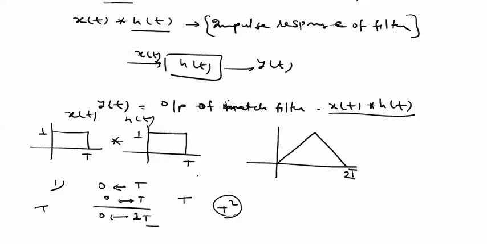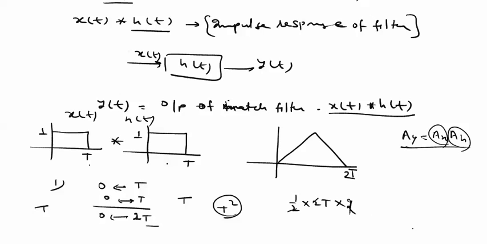In this pattern, as per the convolution property, y equals x convolved with h. The area of the first times the area of the second is the result. The area of this triangle is half base into height.